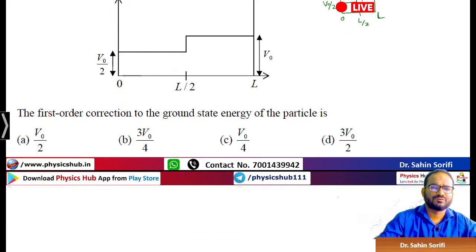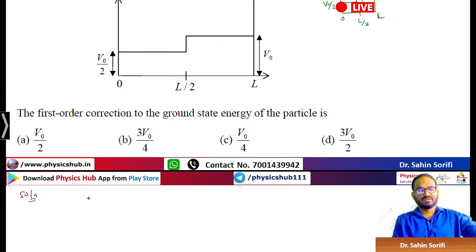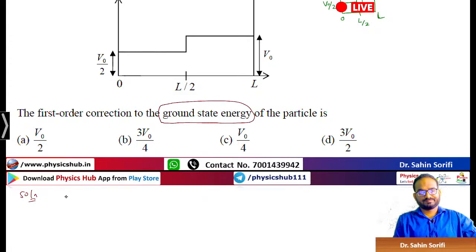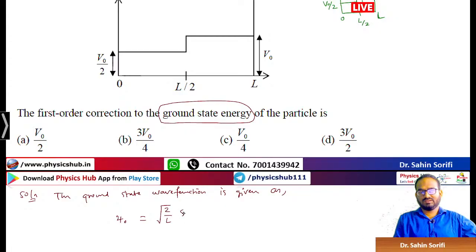Simple formula you are going to use, nothing complicated. So you have to calculate it in the ground state, so we need to write the ground state wave function. The ground state wave function is given as psi_0 equals square root of 2 by L sin(nπx/L), so n is 1, πx by L. So this is the ground state.